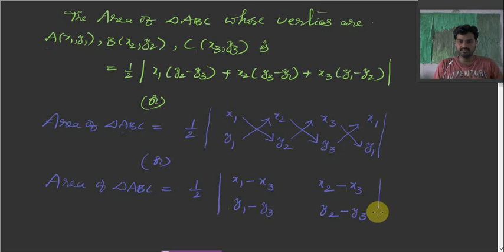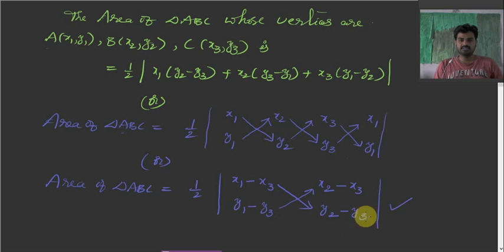Now you will get the same formula. Finally, you substitute the values, simplify, and do the cross multiplication, and you will get the answer. The same process: downward arrow, you write the positive value; upward arrow, you write the negative value. This is the procedure to find the area of the triangle. Mostly you can use this third formula.